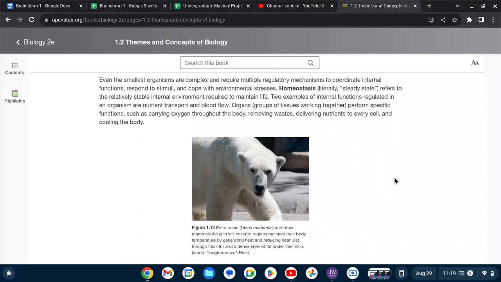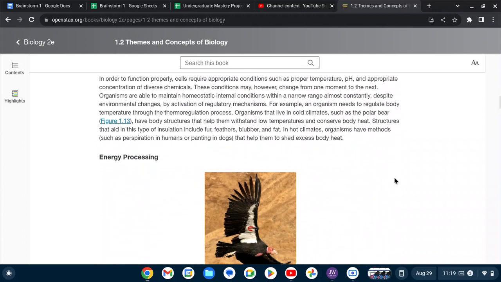Organs, groups of tissues working together, perform specific functions, such as carrying oxygen throughout the body, removing wastes, delivering nutrients to every cell, and cooling the body. In order to function properly, cells require appropriate conditions such as proper temperature, pH, and appropriate concentration of diverse chemicals.